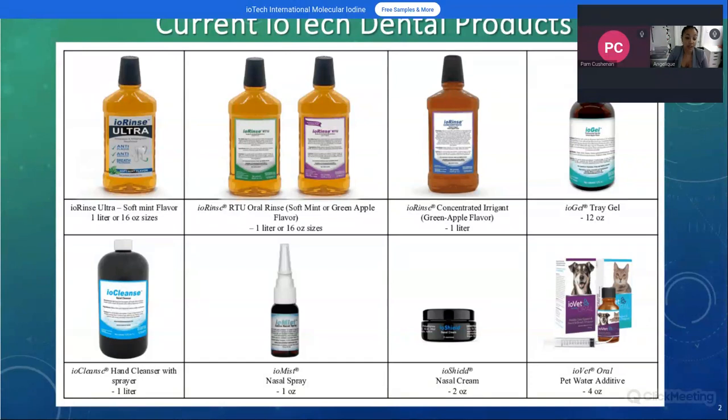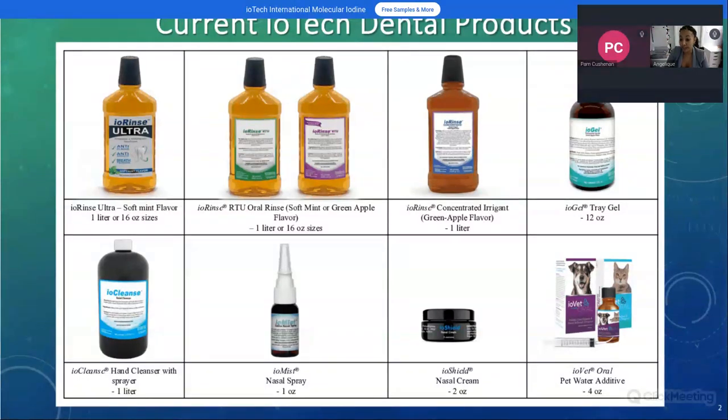The iorinse Ultra is available in a soft mint flavor. It's available in 1 liter size or a 16-ounce size. The 1 liter comes in 12 1-liter bottles per case. The 16-ounce is 24 bottles per case. Now, the iorinse RTU is available in green apple and soft mint flavor.